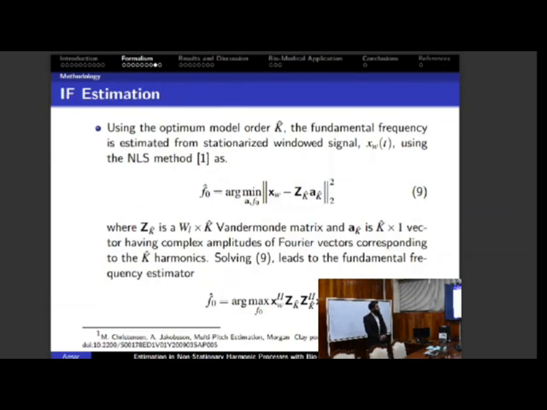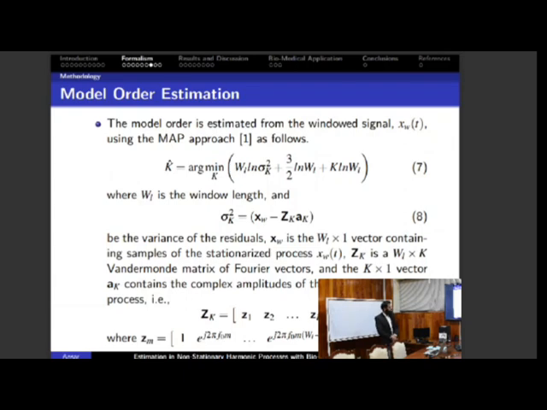Finally, after getting the optimum model order, we will find out the fundamental frequency using the non-linear least squares method given in 9. And here ZK hat is the Vandermonde matrix containing K hat columns. In the previous equation, ZK contains columns corresponding to the model order candidates, because there we are estimating the model order.